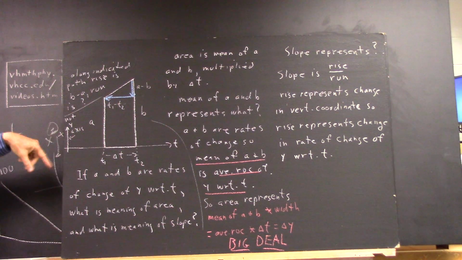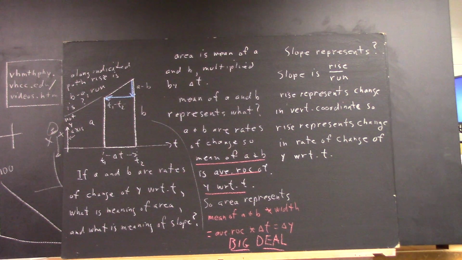Why do I say this can't be the y-axis? It's because of what A and B represent. What do A and B represent? Rates of change of y with respect to t. That's not y, is it? No.